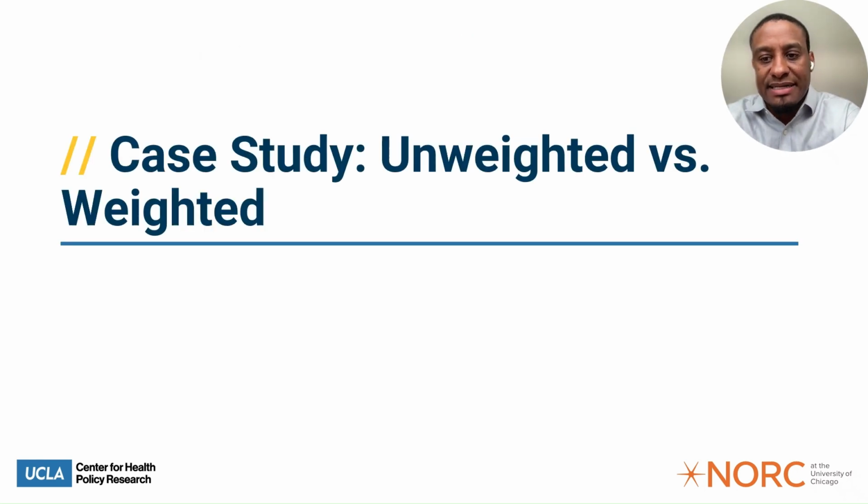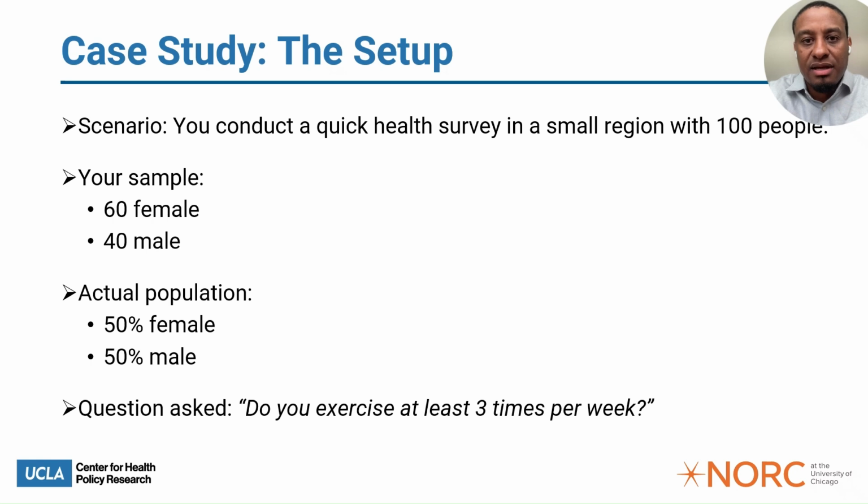Theory is great, but now we are going to walk through a simple case study to see the impact of weighting versus not weighting on our data. Let us consider this scenario. You conducted a quick health survey in a small region with 100 people in your sample.